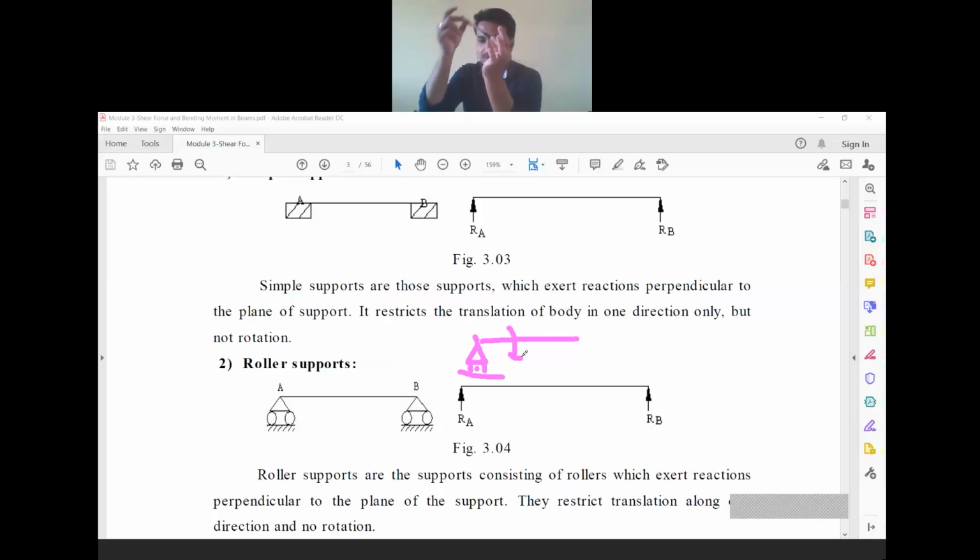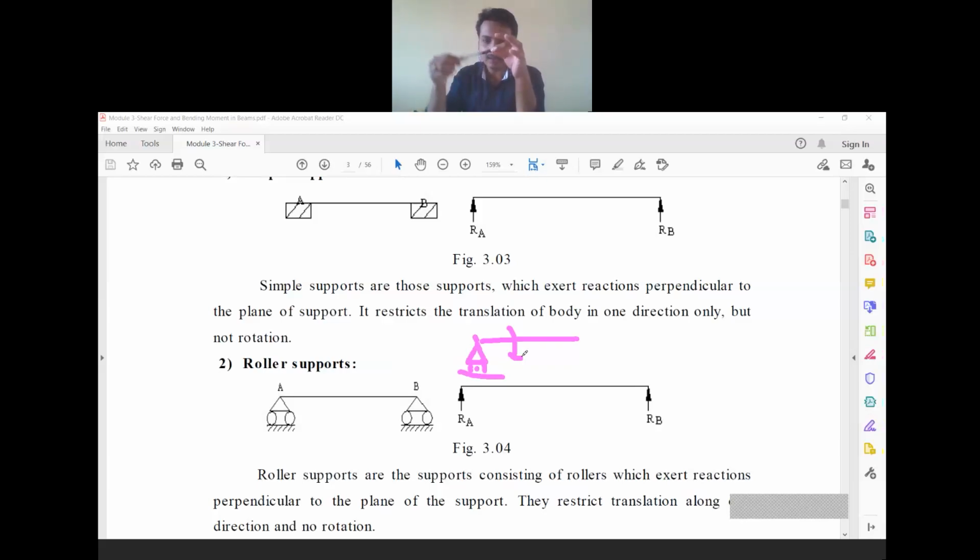So there is no restriction for rotation, as well as there is no restriction for movement since it is having wheels. There is no restriction for horizontal movement and no restriction for rotation like this.